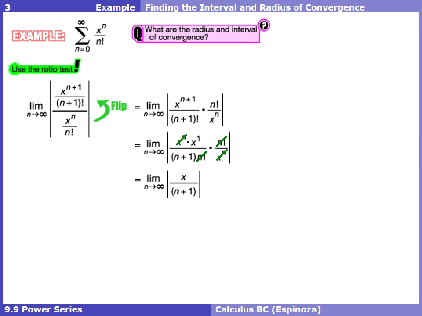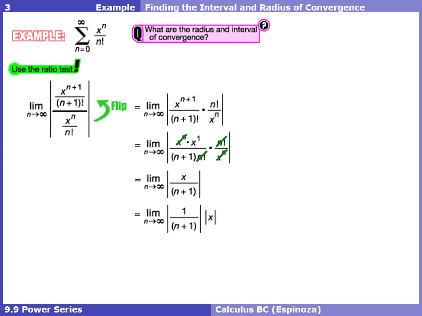So we have two separate things here. We have a variable x, and then we have our n as it's going to infinity. A good idea usually is to just split those into two separate things, just so we don't confuse everything that's happening here. The only thing affected by the limit, because n is going to infinity, is the piece that contains the n.